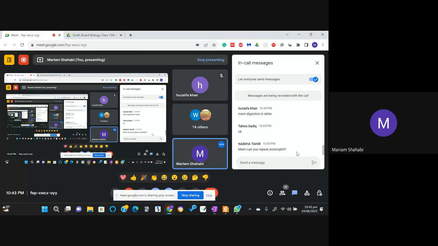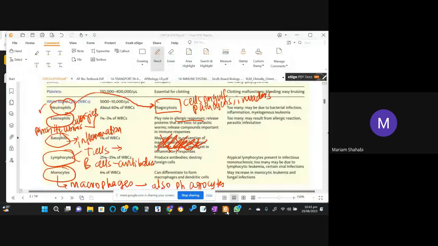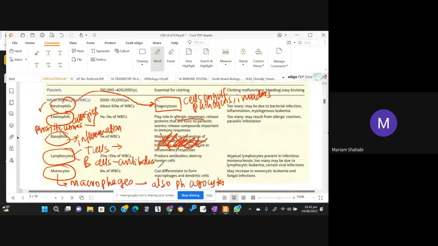ठीक है. Can you repeat eosinophil? Sure. Look, eosinophils are also cells. ठीक है, ये granulocytes हैं. I gave you an entire mnemonic to remember this.